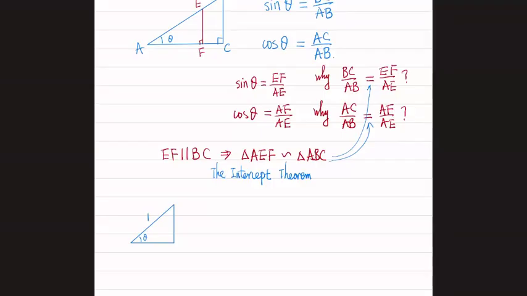Okay, now we consider a right triangle with the hypotenuse side of length 1.